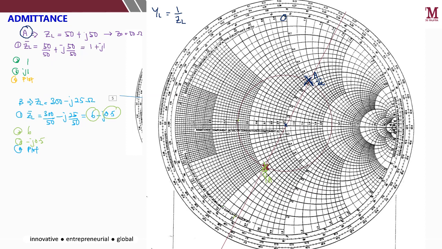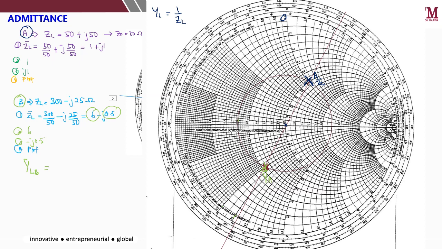Okay, and then the same goes for case B. If you have the load impedance equal to 300 minus j25, you need to determine what is your YL of point B. So ZL at point B, based on the normalized impedance, is 6 minus j0.5.